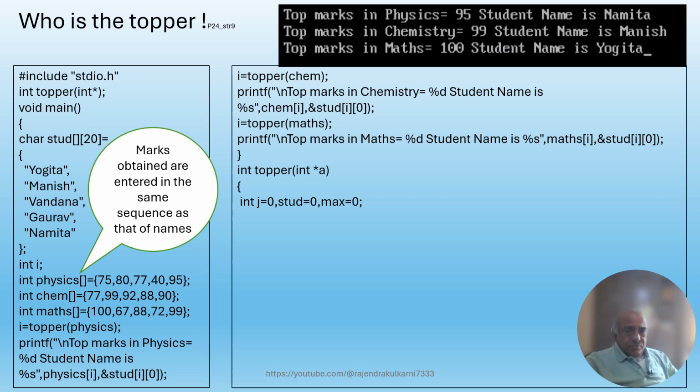Then we have declared a few int variables named j, stud and max, all assigned with 0. Then this for loop gives us the element number of the array, of which the address is in a, that element which contains the maximum value of all the elements in that particular array.